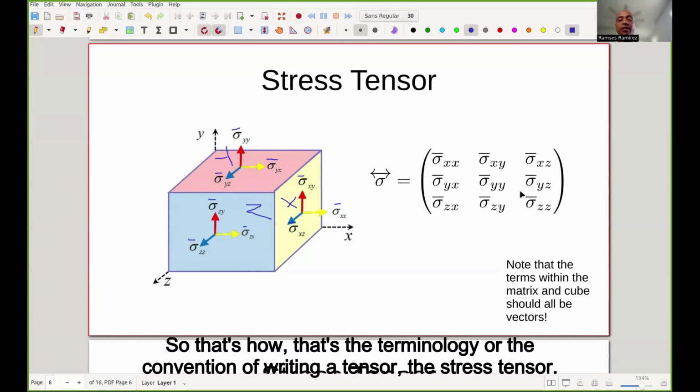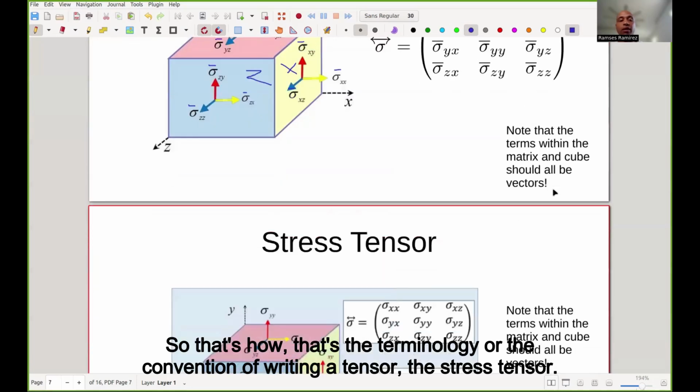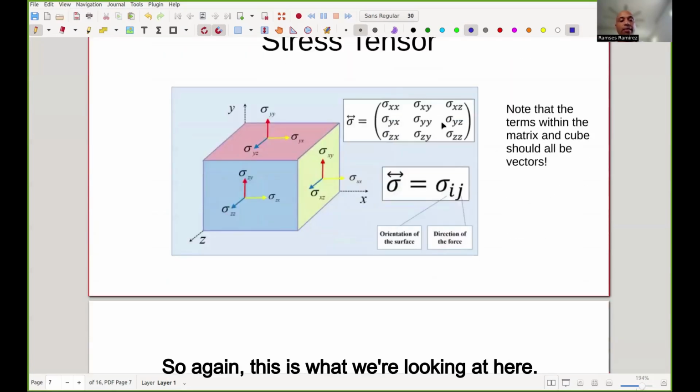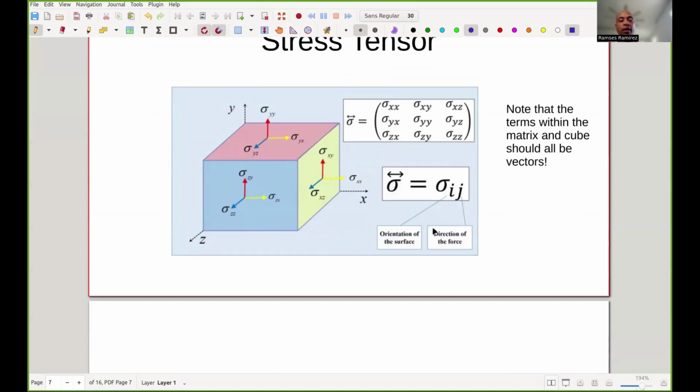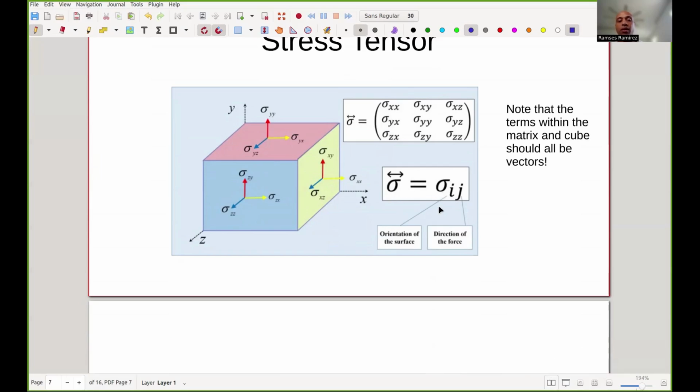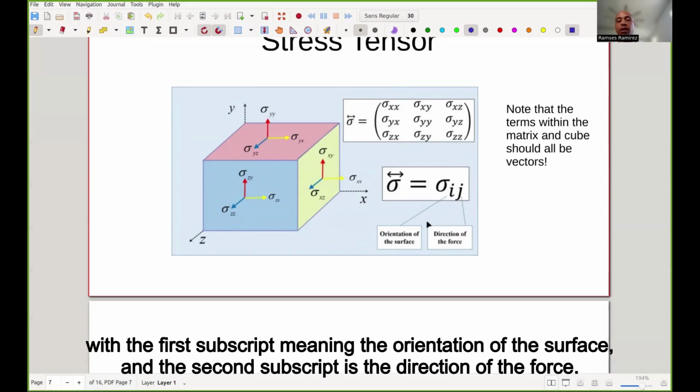So that's the convention of writing the stress tensor. Again, you have the stress tensor sigma with two arrows, which is just sigma with the first subscript meaning the orientation of the surface, and the second subscript the direction of the force.